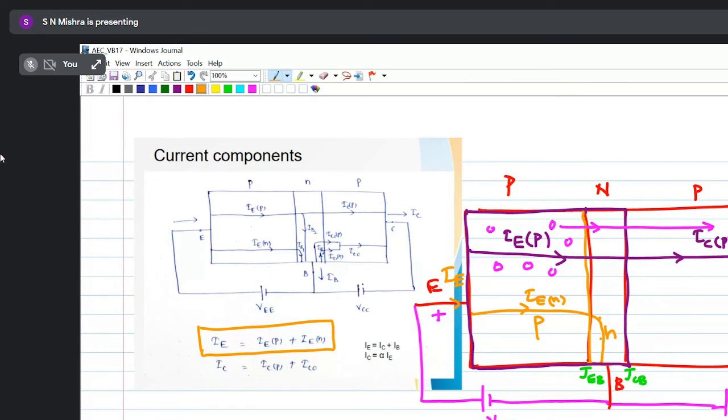First, you consider the emitter base junction like a PN junction diode. We have forward biased the diode, so majority carrier will move. That means holes will move from emitter to base. Similarly, electrons are moving from base to emitter. So in both directions the current is emitter to base. That's what we have discussed. Is this clear?